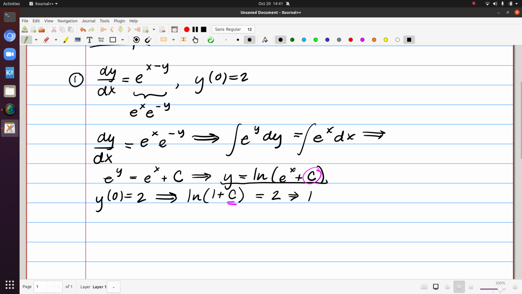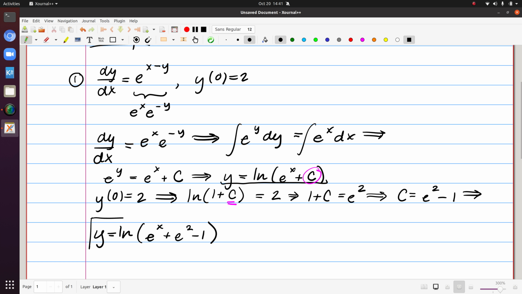That means that 1 plus c is equal to e raised to the second power, and therefore c is equal to e squared minus 1. That's going to replace c in our general solution. So our specific solution function here is the natural log of e to the x plus the constant e squared minus 1, all inside of the natural log.